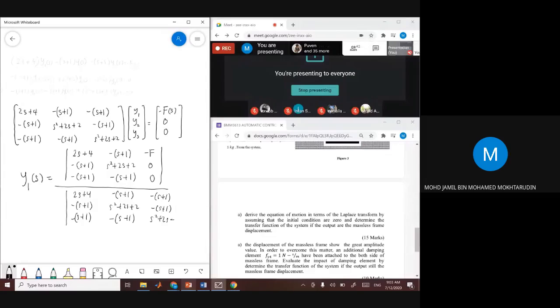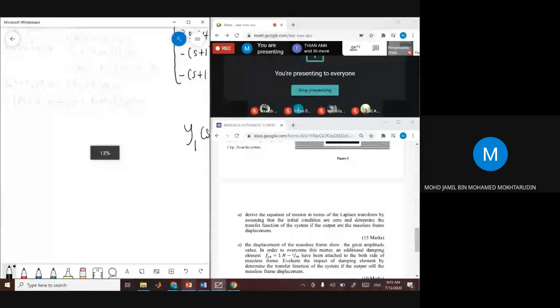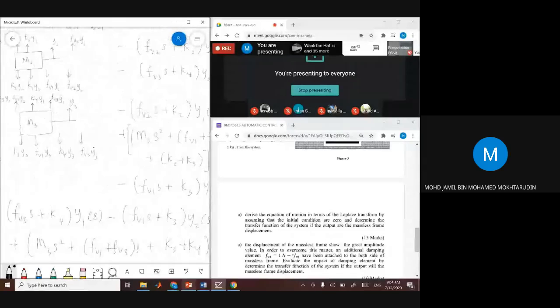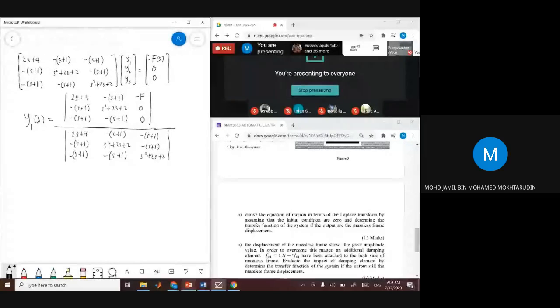Okay, and then you can simplify. Simplifying, do it yourself. Okay, if you have your answer for y1 in terms of determinants, I think you should get marks for this. If you simplify, maybe you get 1 or 2 more marks.